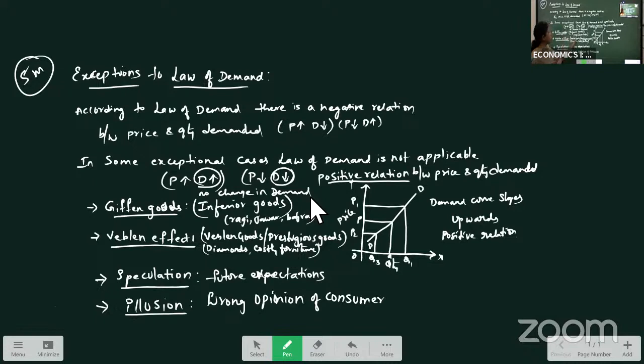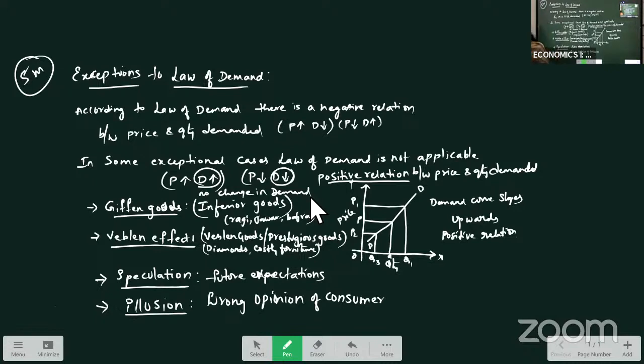They substituted meat with bread. So in case of inferior goods, when consumers have low income, the law of demand is not applicable. The next one, the Veblen effect.